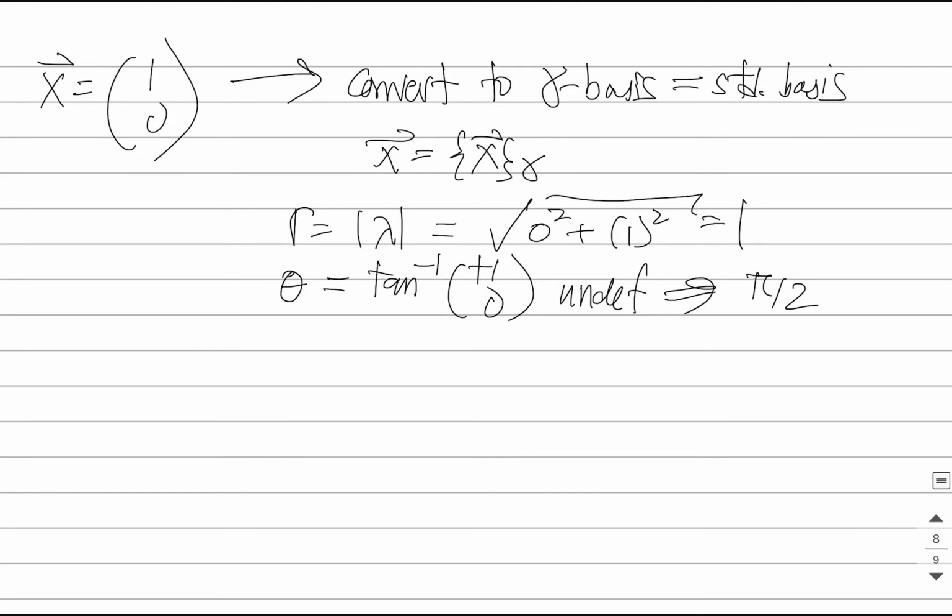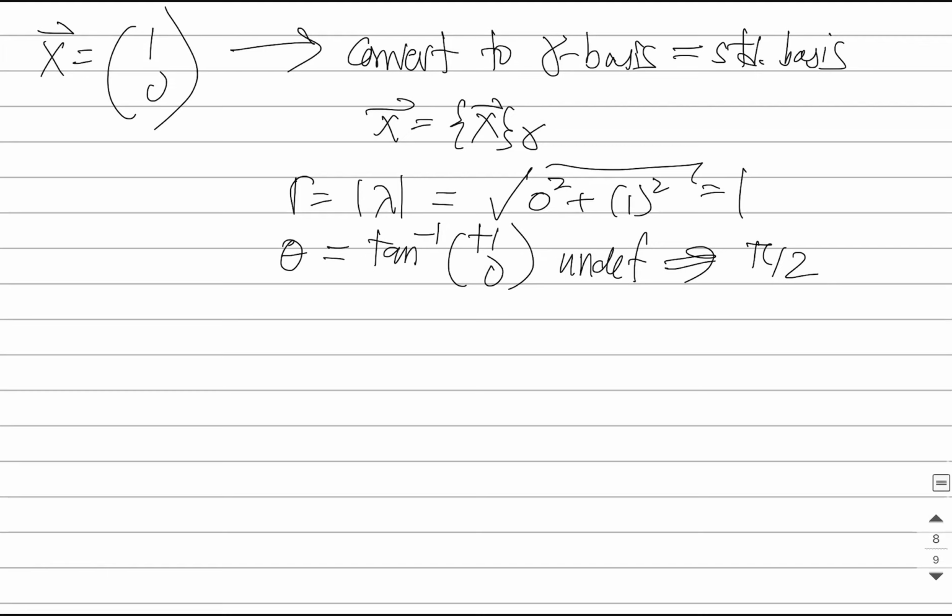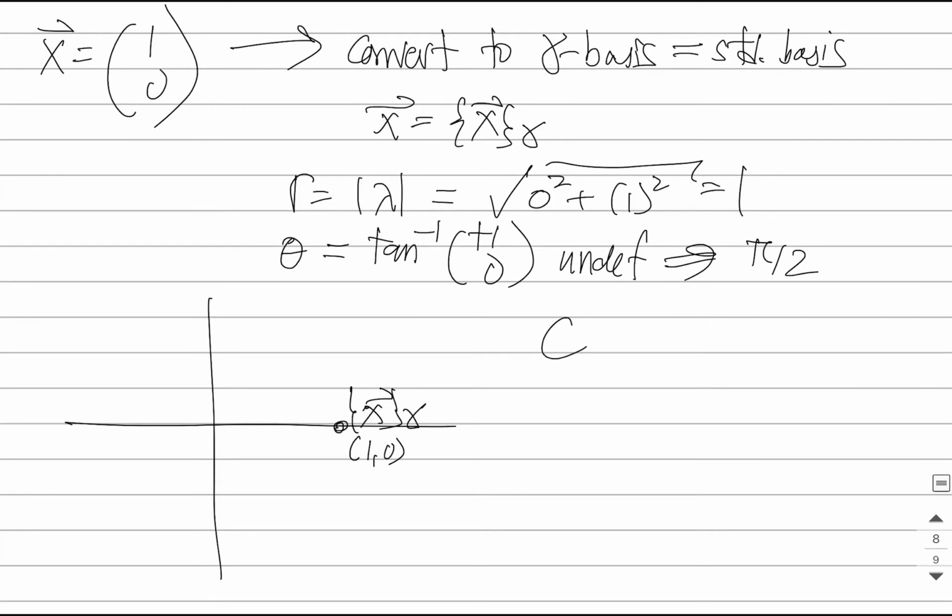I'm going to take my vector that I start with, 1, 0, that's what x is. And if I were to apply the change of basis, I would be in this gamma basis. C is just a rotation by pi over 2.